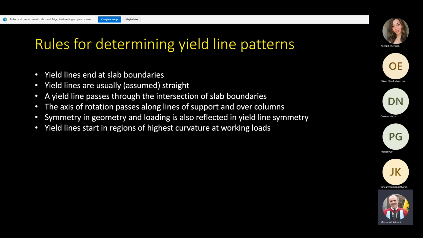Yield lines pass through the intersection of slab boundaries. It's very similar to the first one, basically, in this context. Okay. And the third one, the axis of rotation passes along lines of support and over columns. I'll come back to the columns in a minute. So the axis of rotation passes along lines of support.